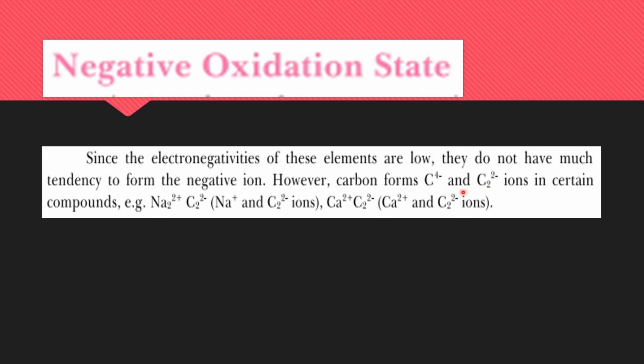And how are these carbon -4 and -2 ions formed? When carbon forms a bond with metals, such as sodium or potassium, then carbon shows the -2 oxidation state. You can see here sodium carbide, calcium carbide. In this case, carbon carries the -2 charge. It shows the negative oxidation state.